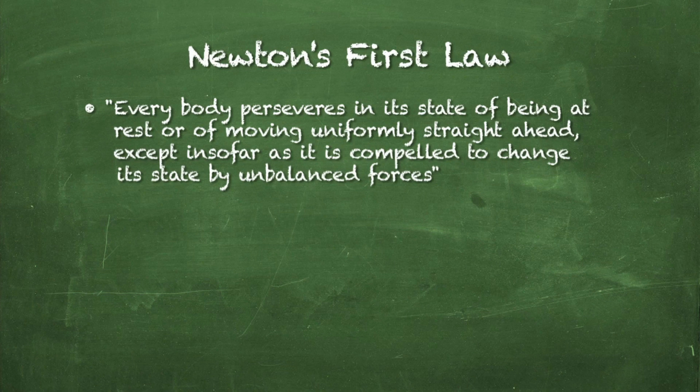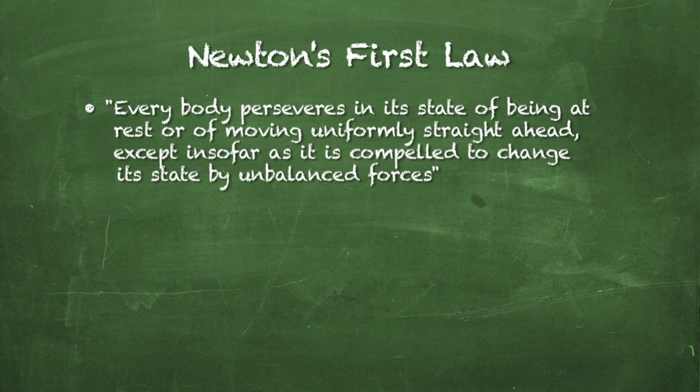Every body perseveres in its state of being at rest or of moving uniformly straight ahead. Now that would be an object at rest remains at rest, or an object in motion remains in motion at constant speed in a straight line, except insofar as it is compelled to change its state by unbalanced forces.